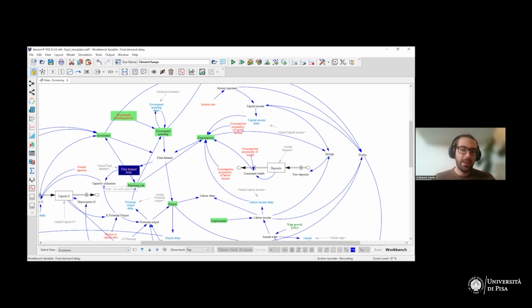So final demand delay affects the capacity utilization that the firms observe when they decide to invest, and then they set the value of investment based on that. So this avoids that the current demand is affecting the investment, whereas at the same time investment is affecting the final demand. So this is why I need the delay in this case. And then a similar reasoning holds for the other variables.